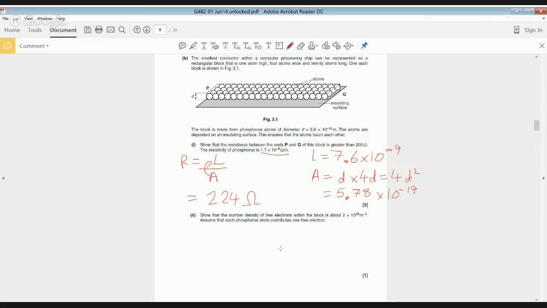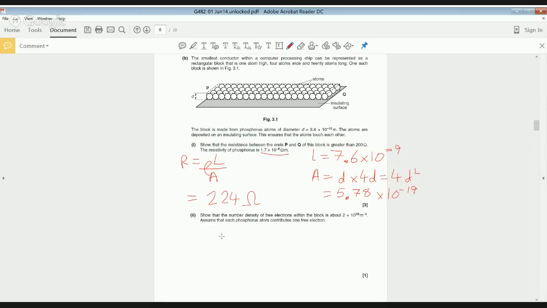If we know the volume of a phosphorus atom, and again, we're going to assume it to be a cube, that tells us how many meters cubed a phosphorus atom is. So we want to do the reciprocal of that. We want to do 1 over that.